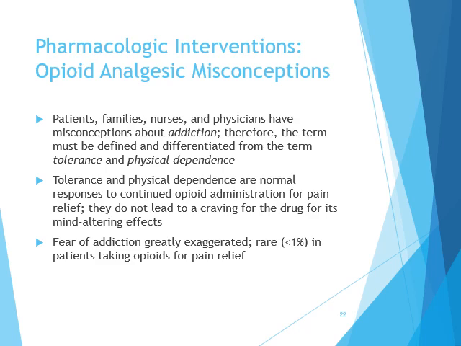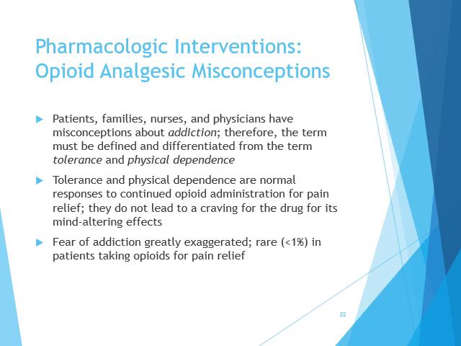Okay, pharmacologic interventions, some misconceptions. So patients, families, and nurses and physicians have misconceptions about addiction. Therefore, the term must be defined and differentiated from the term tolerance and physical dependence. Tolerance and physical dependence are normal responses to opioid administration for pain.